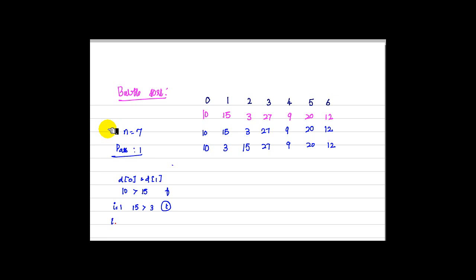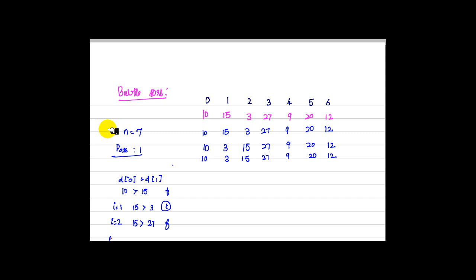Now i gets incremented to 2. We check whether 15 at the second position is greater than 27 at the third position. It is false, so we do not change the array. We retain it as such.